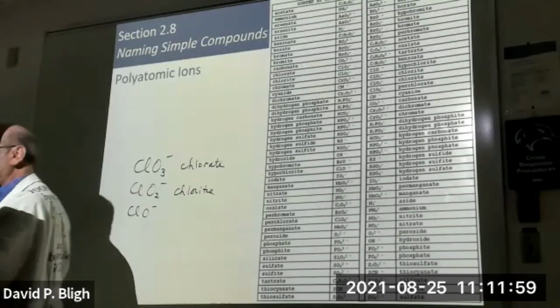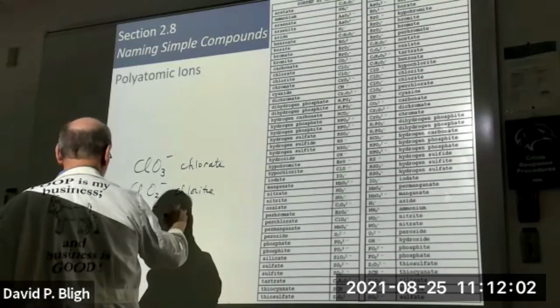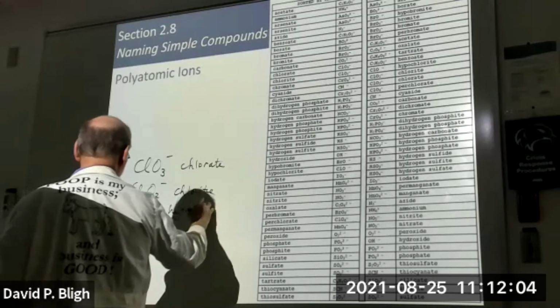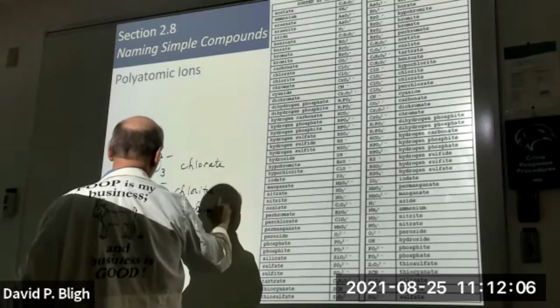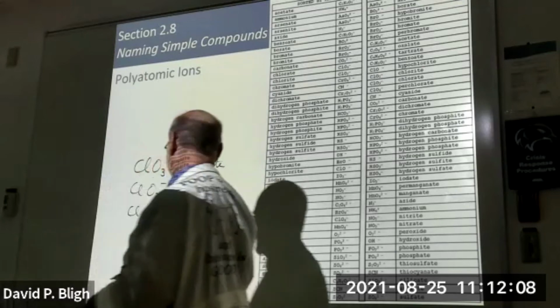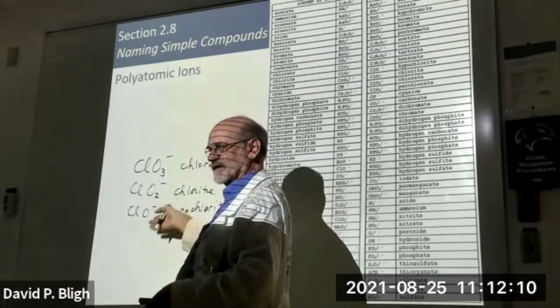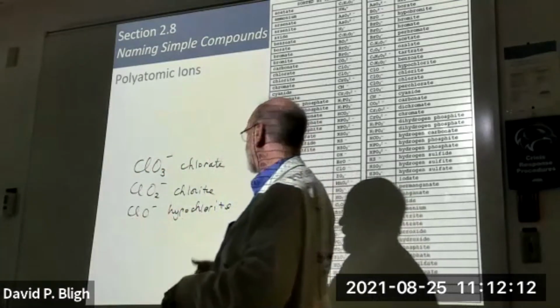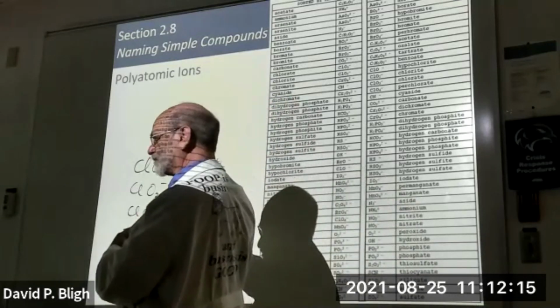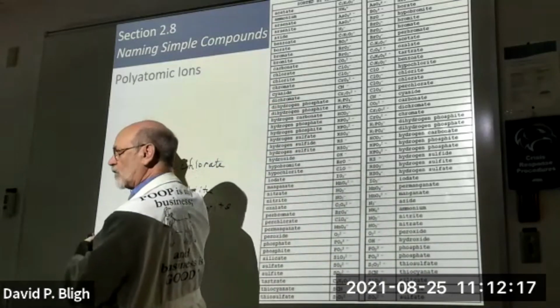But we don't have any more suffixes to cover that change, so we have to use a prefix. This one is hypo: hypochlorite. Hypo, like hypodermic, under the skin. This is under the chlorite. And then you can also add one more.